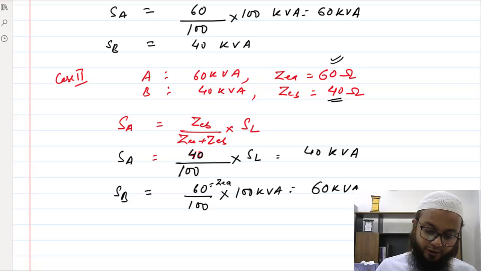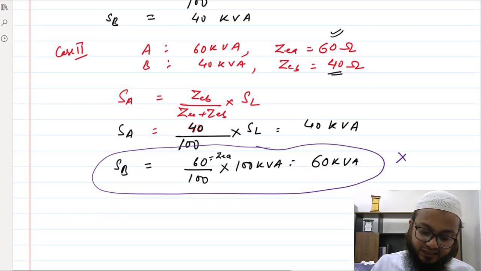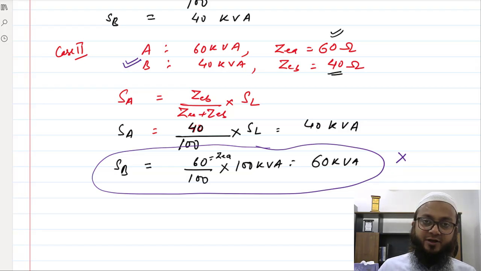Now is this a desirable thing? The answer is no, because transformer B has been designed for 40 kVA only. So transformer B won't be able to cater to 60 kVA of load. The impedances and the apparent power ratings should be inversely proportional to each other.